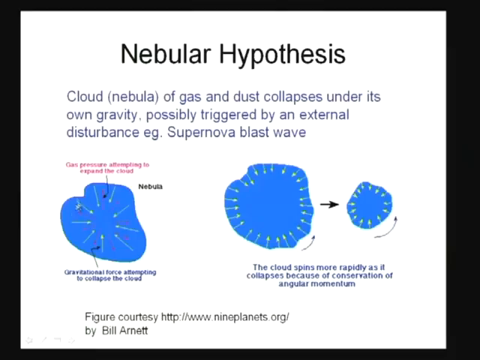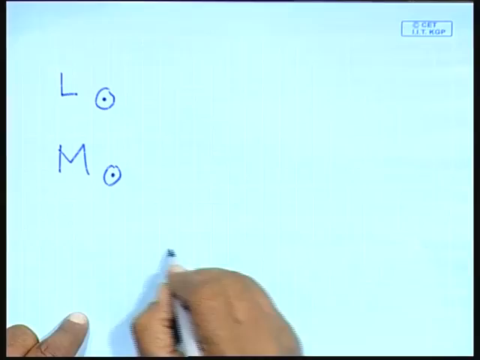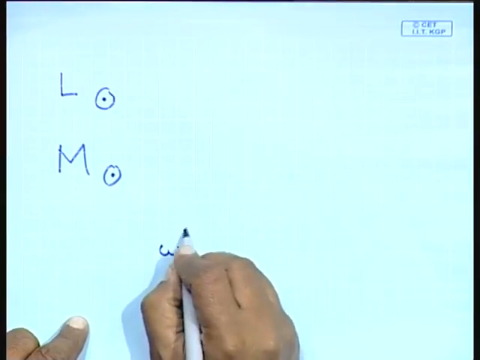And the cloud which we are considering has some initial angular momentum, and as it collapses the angular momentum has to be conserved, as a consequence it starts spinning. So, you have the object getting smaller, since the angular momentum has to be conserved. Angular momentum we know is omega r squared.